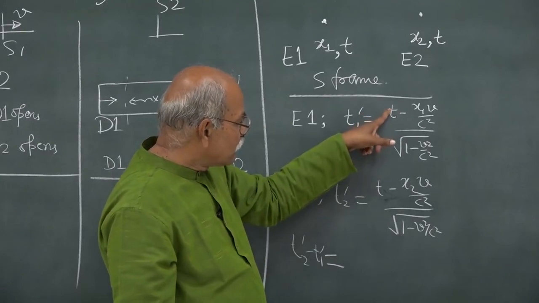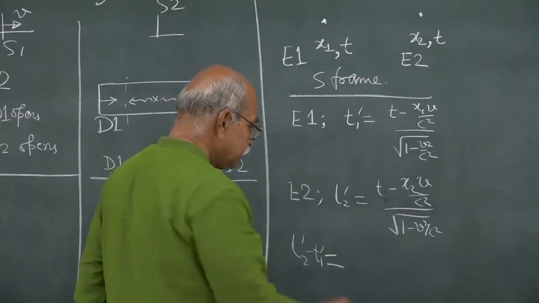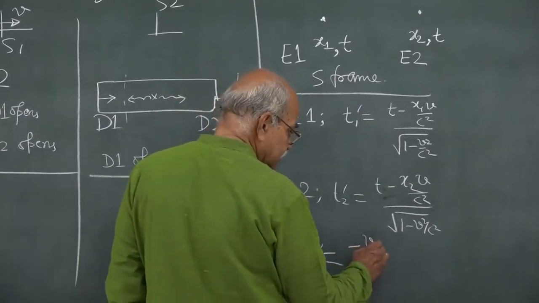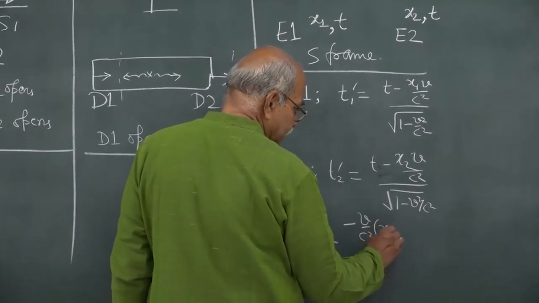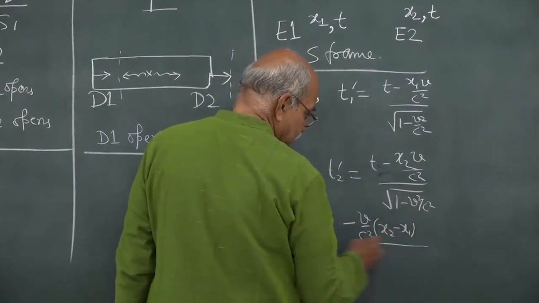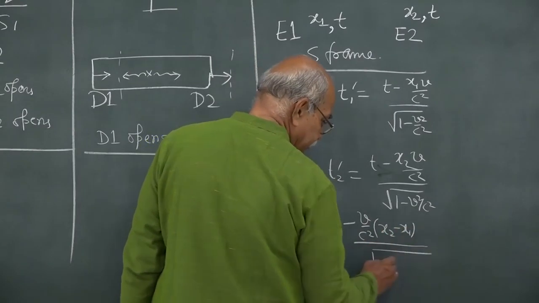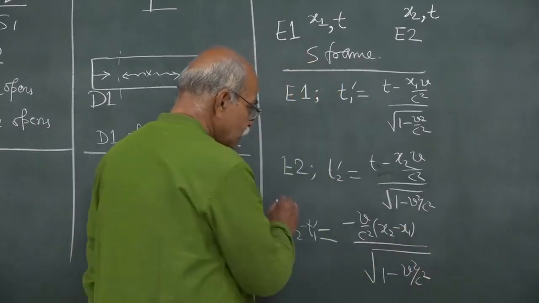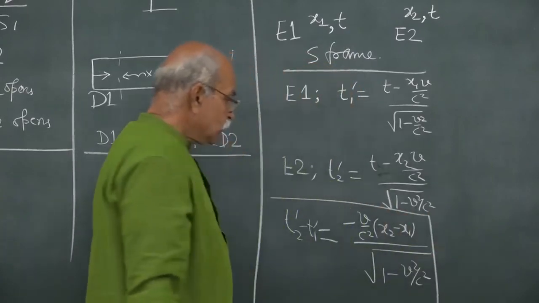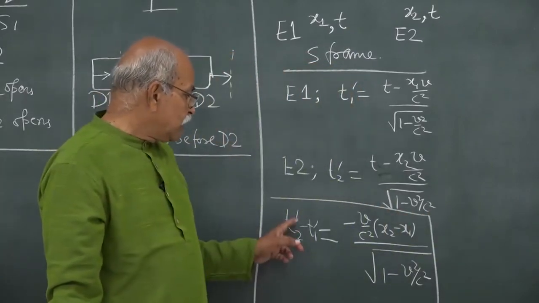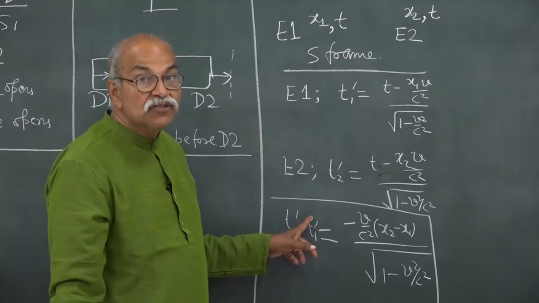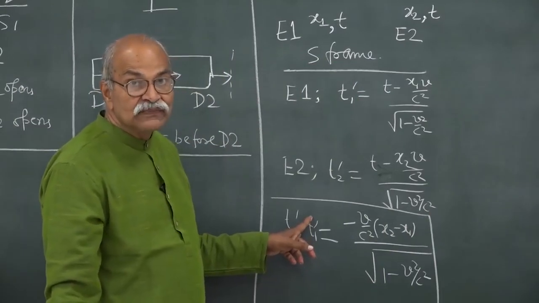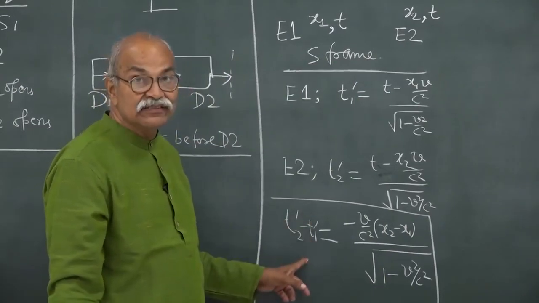Then if you take this minus v by c square common, x2 minus x1, and then divided by square root 1 minus v square by c square. So what you see, T2 prime minus T1 prime is not 0, so they are not simultaneous.